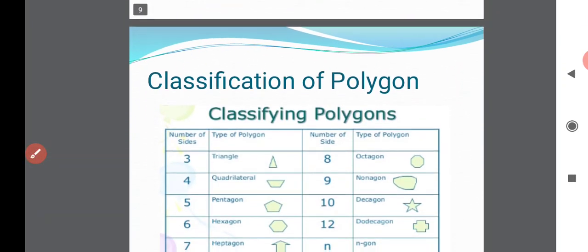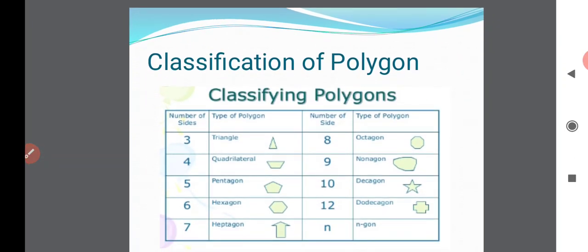Now we'll see the classification of polygons, meaning the names of polygons. We know that the minimum number of sides required to make a polygon is 3, and that 3-sided polygon is nothing but a triangle.